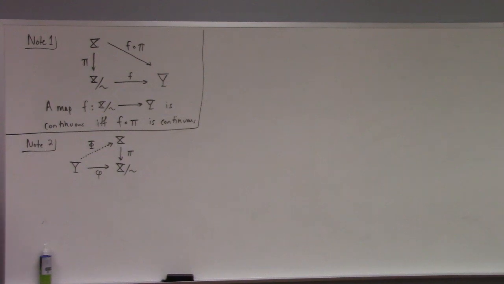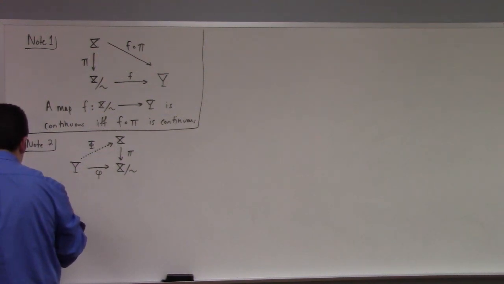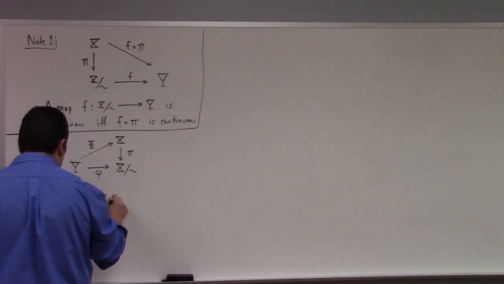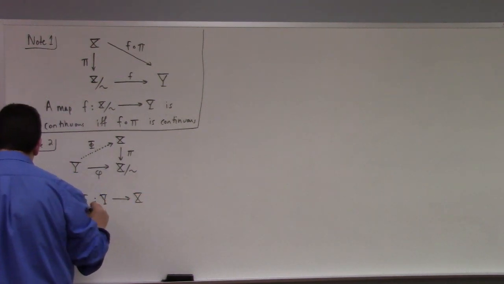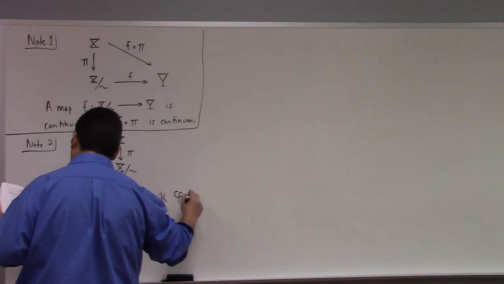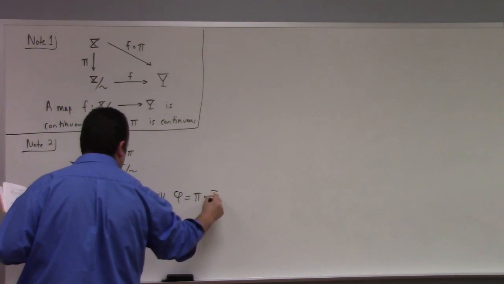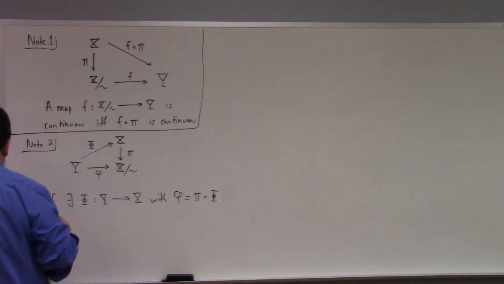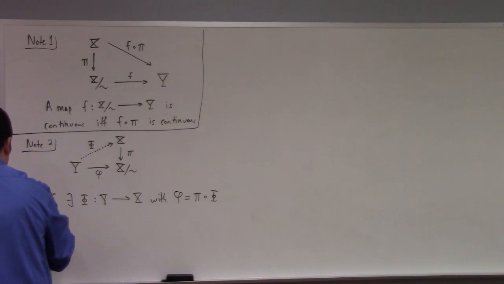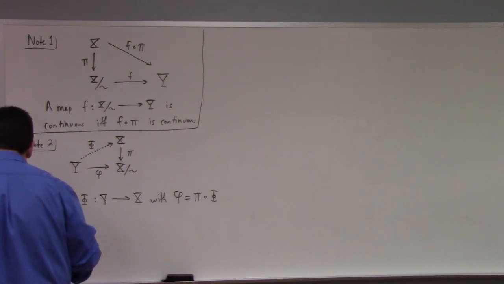If there exists a continuous map big phi from Y to X such that phi equals pi composed with big phi, all right? Then what? Phi is continuous.